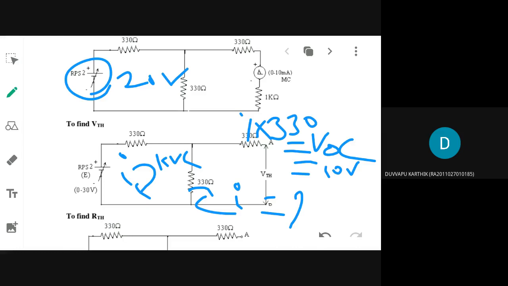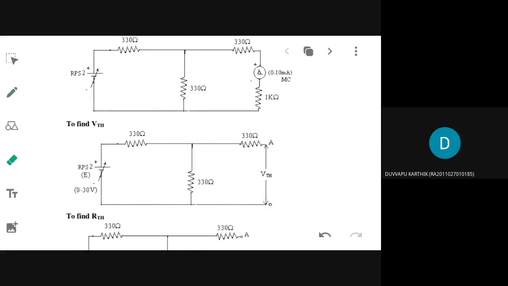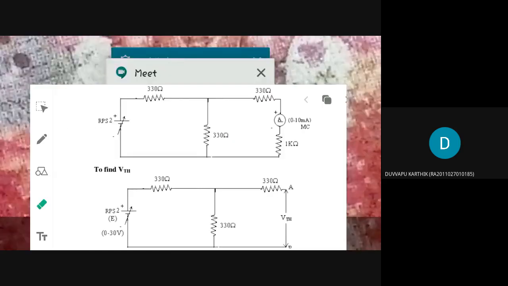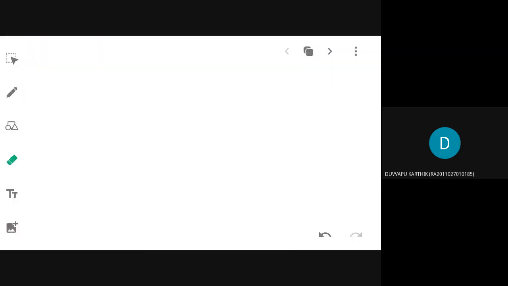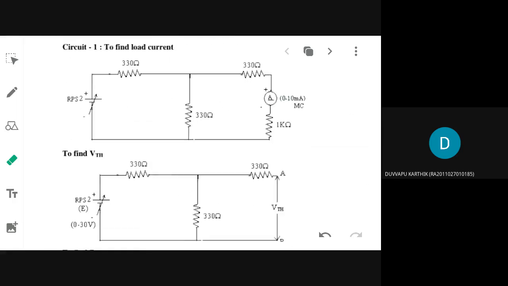See, simulation is easy. In simulation you got some value for IL.